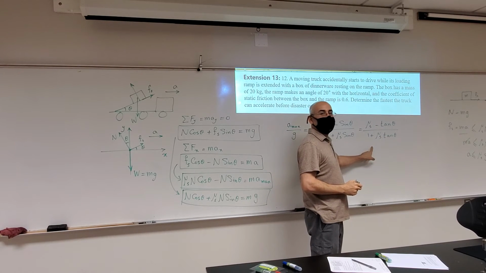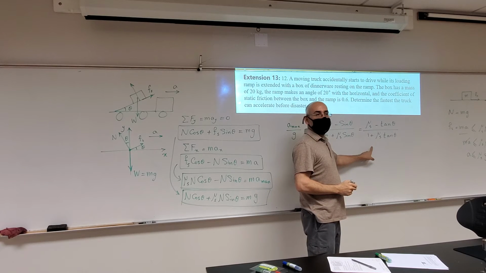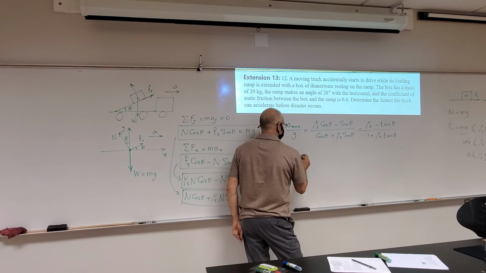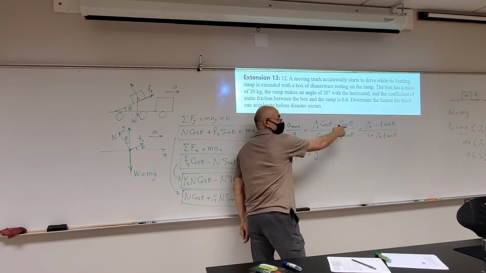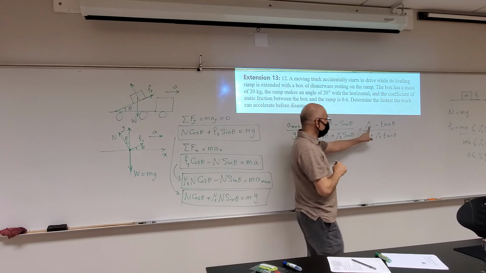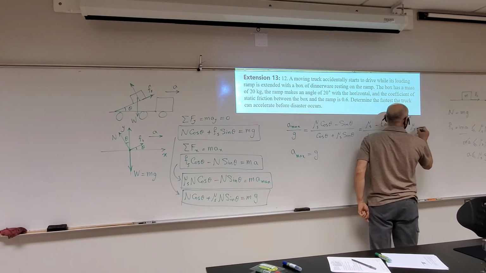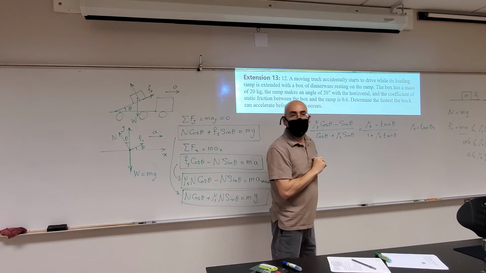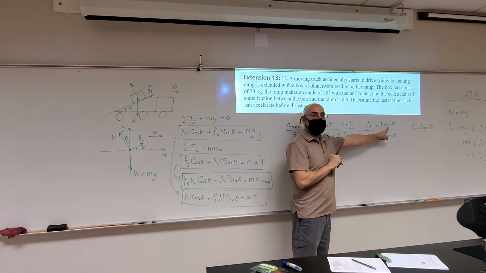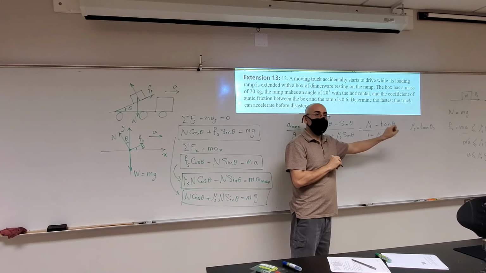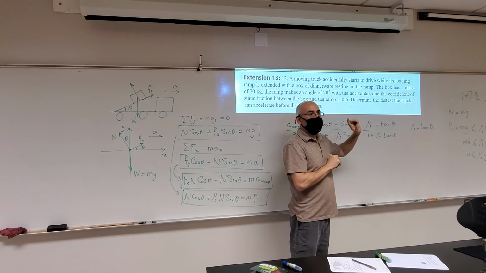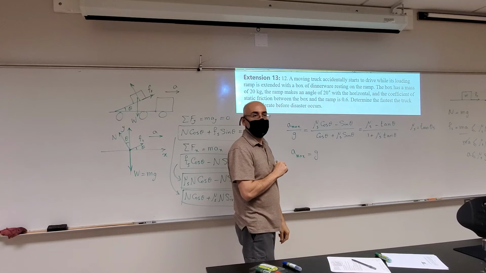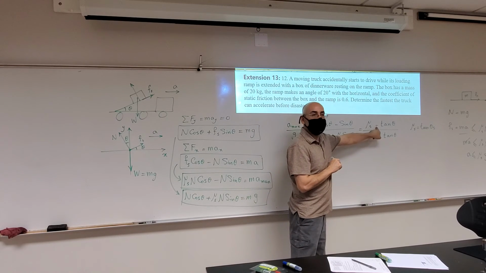Do you see the same equation? So a max is equal to g times, if you say mu s is tan of theta s, tan of theta s minus tan of theta, divided by 1 plus tan theta s tan theta.